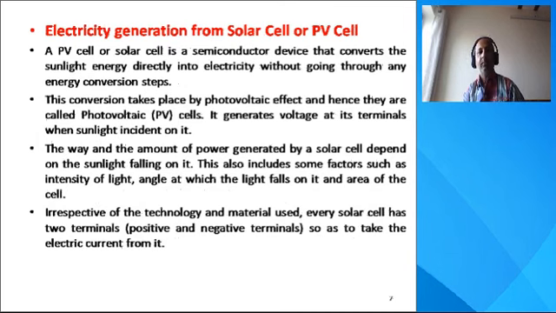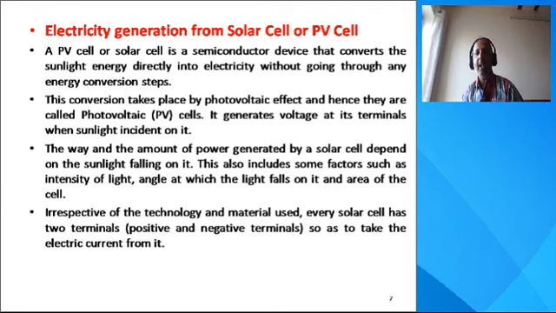Now, a PV cell or the solar cell is a semiconductor device that converts the solar energy directly into the electrical energy without going through any other energy conversion step. This conversion takes place by photovoltaic effect, and hence they are called as photovoltaic cells. It generates voltage at its terminal when sunlight is incident on it.